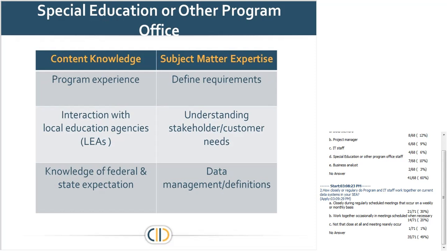They are typically much more engaged with the LEAs, the school districts, because these programs are being implemented down at the district and school level, and they oversee and support the LEAs in that process. And then they have the knowledge when it comes to both federal and state expectations around this program, the program area, the content of that program.